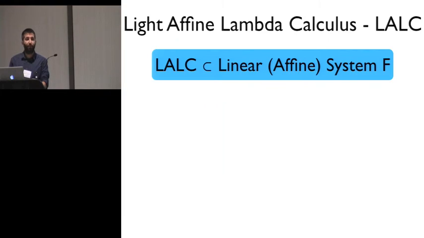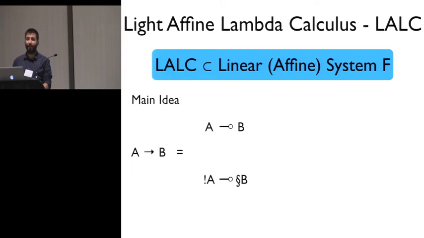So I want to give you the intuition behind this language. I will not present you all the details, but let me say something. As I said before, this is a subsystem of System F, and in particular it is a subsystem of a linear, or better, affine version of System F. And the main idea is the one of refining the function space of System F into two other function spaces.